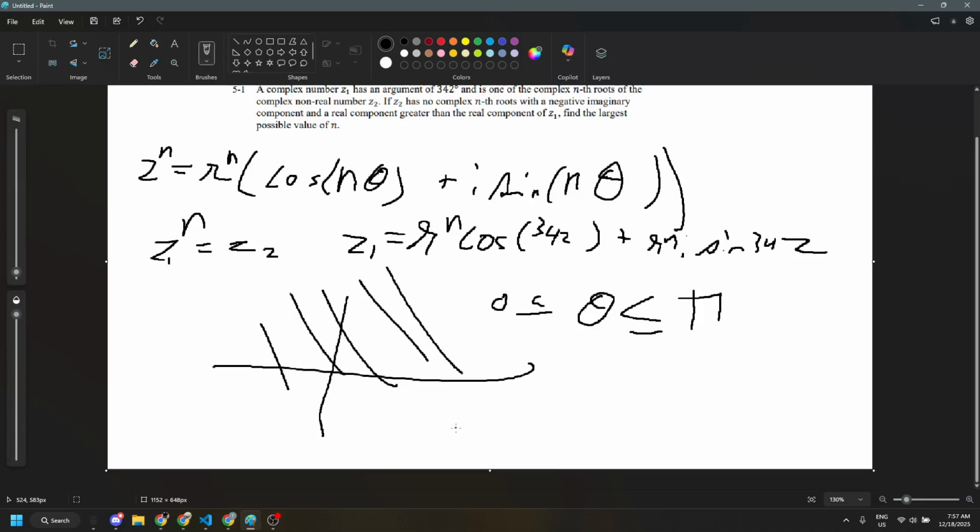But there are going to be multiple roots; this is one of the complex roots. How do we get the others? Cosine of 1/2 theta. Let's say theta is 100. Cosine of 1/2 theta would be cosine of 50.